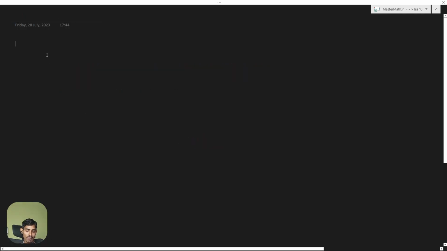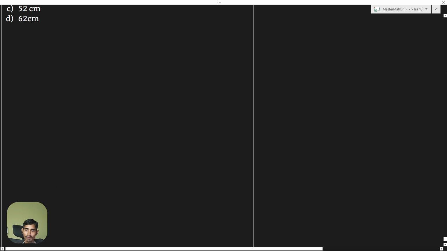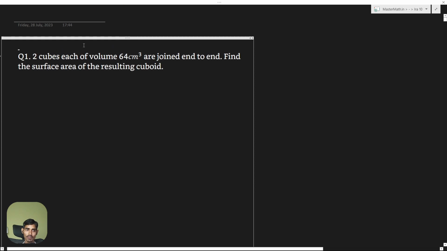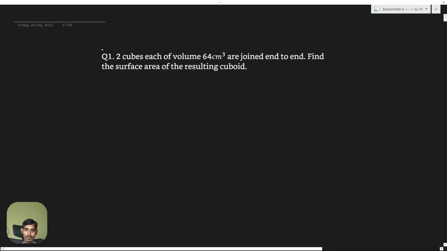So first we'll find the side of one cube. We can find A, and then the four sides will be that A into two because it's joining: the front side, like the lateral, the front, top, below, and back. Four sides will be into two. And a was 4, I think. So 4 plus 4 would become 8.